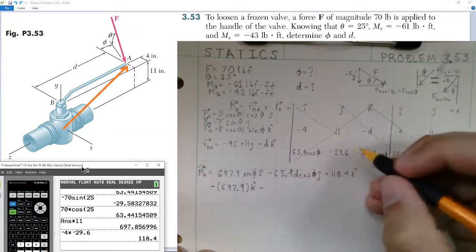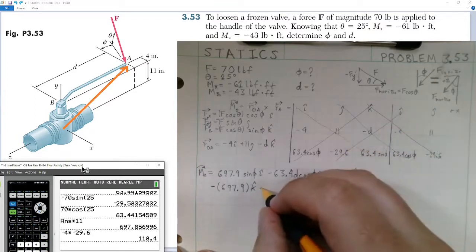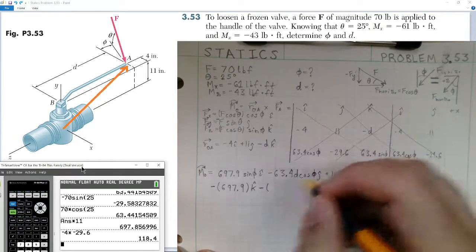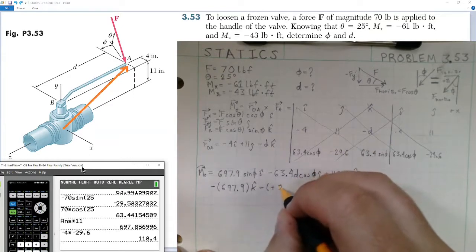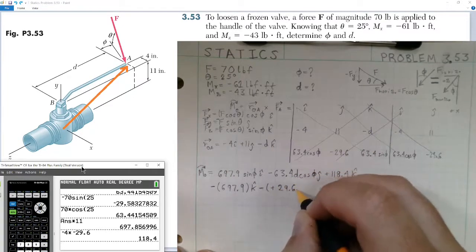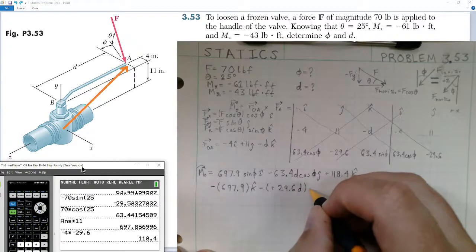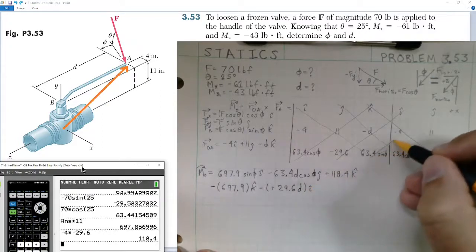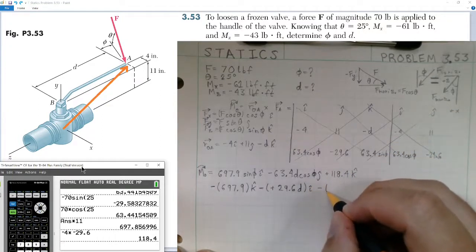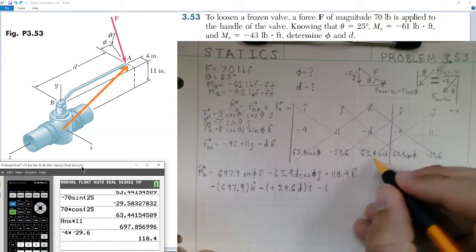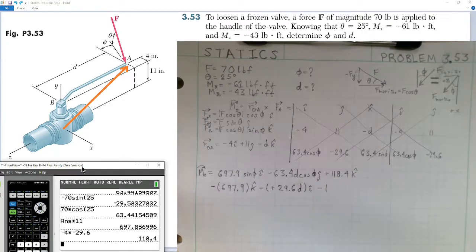Next, we'll be subtracting, going up to right here. So subtracting, and in parentheses, negative times negative makes positive 29.6 d in the i hat direction. And finally, we're subtracting, so in parentheses, minus 63.4 times 4.